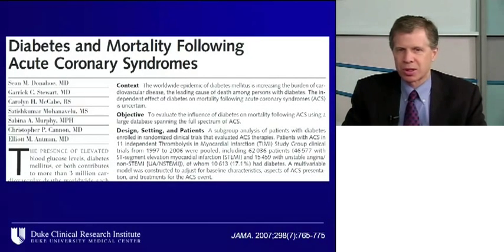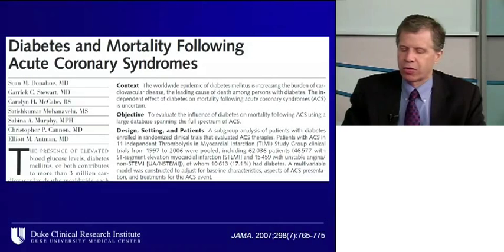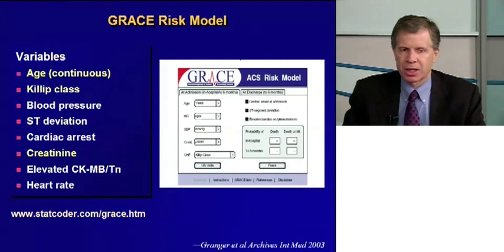There was a nice recent review of a large sample of over 60,000 patients from the TIMI trials with careful statistical analyses showing that diabetes, in fact, was a fairly important independent predictor, about a 1.5-fold increased risk of cardiovascular outcomes and mortality for patients with diabetes in that data set.